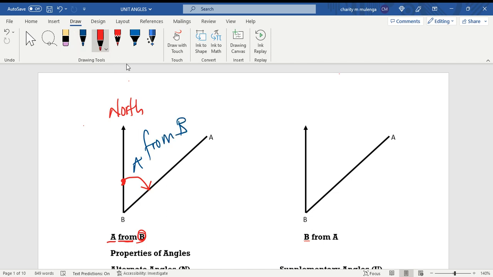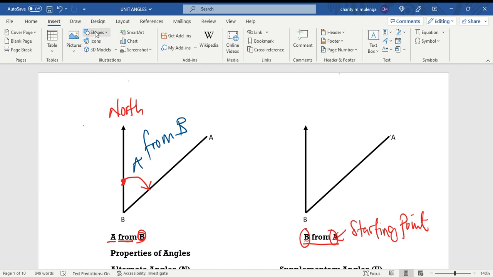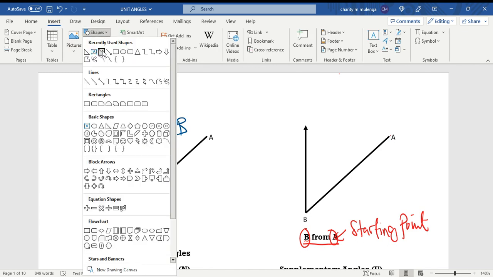Okay. Let us understand what B from A is as well. What is our starting point between B and A? I believe you guessed it right. A is our starting point. Now, in this other example, a north line has not been sketched. So what do we do?